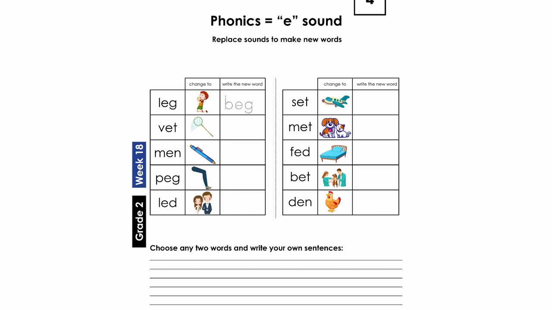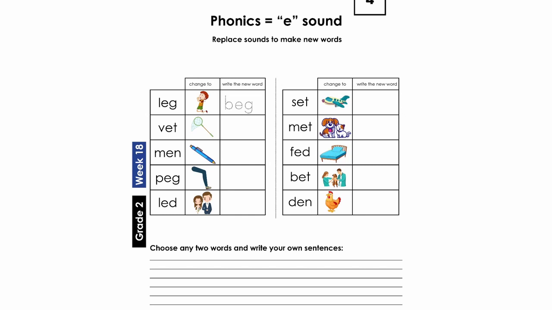That is a pen. So the first word we have is beg. The second word we have is net. And the third word we have is pen.